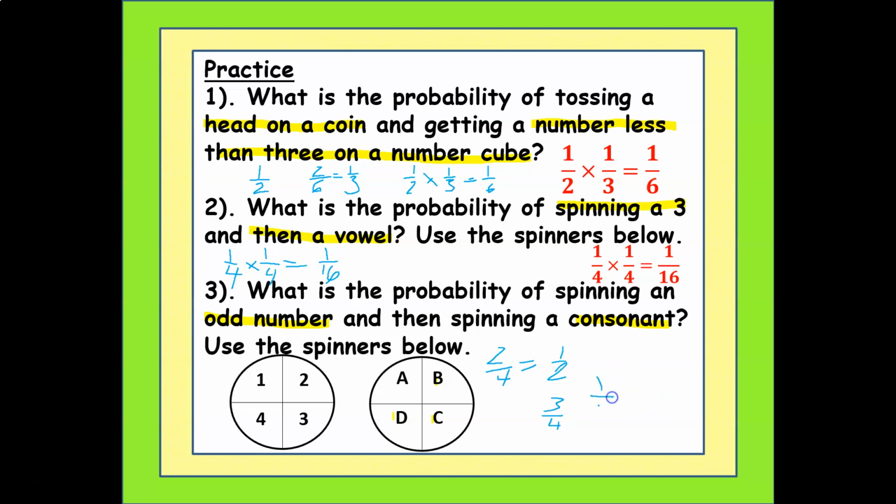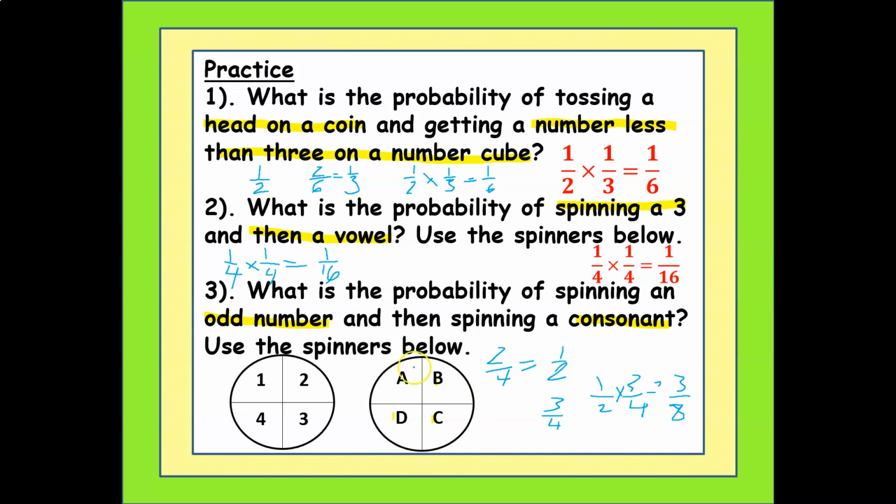So we take 1/2 times 3/4, and we get 3/8, which cannot be simplified. So our probability of getting an odd number and then a consonant is 3/8.